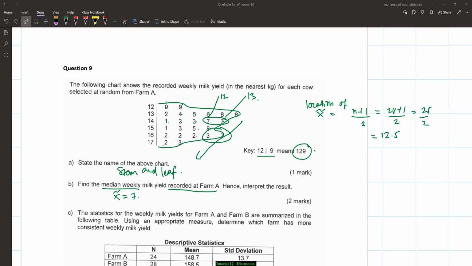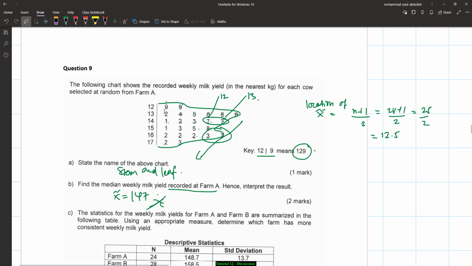Oh, yeah. Sorry. I confused. So lah, this is not 7, eh? This is 147, eh? Alright. 147, yes. Less than 147 kilos, and another 50% is more than 147 kilos lah.